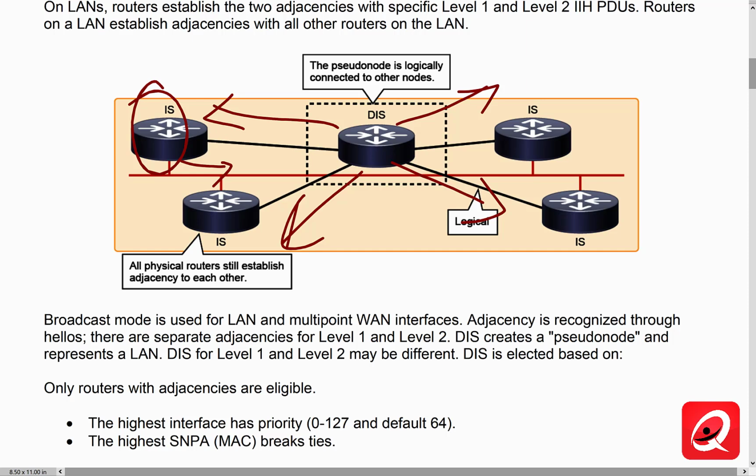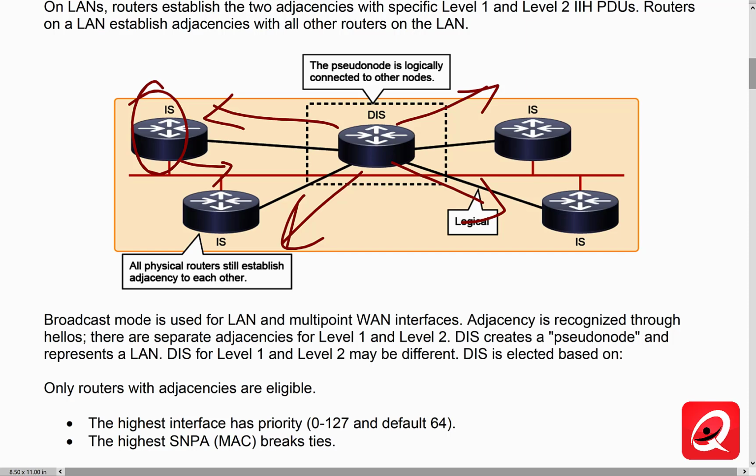Cisco router interfaces have the default level 1 and level 2 priority of 64, like we said before, but it is an adjustable value from 0 to 127, a little bit different than Ospf. In Ospf, it's 0 to 255, and the default value is 1. But in both cases, the highest number wins.